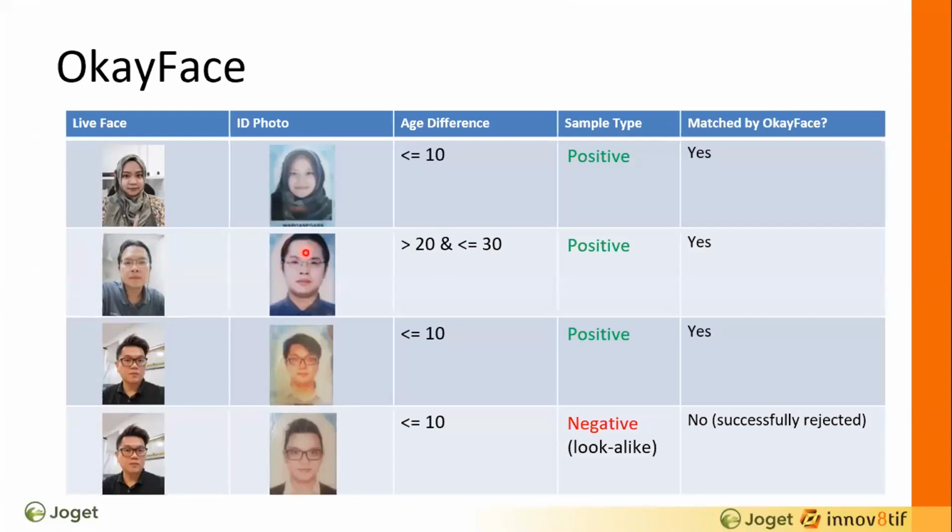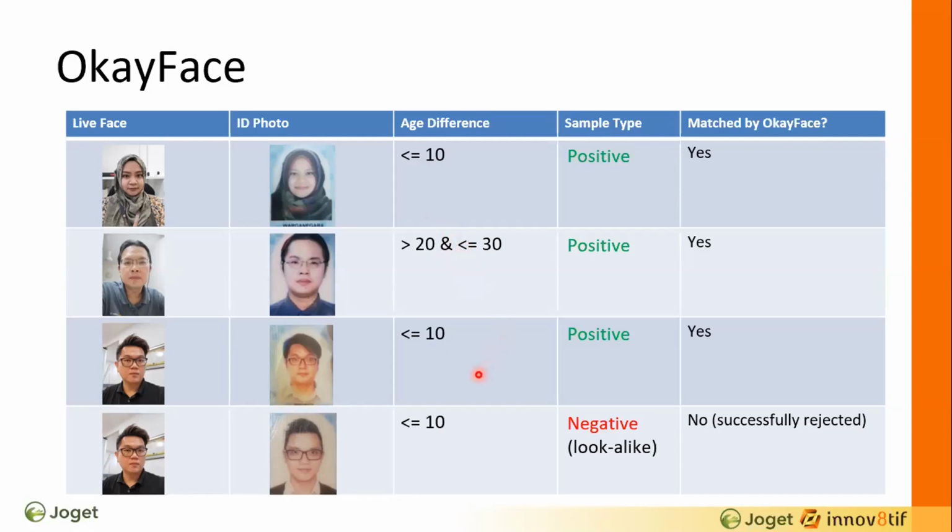So a bit of the cases over here, as you can see, it's very easily done if it's below a 10-year age difference between the photo and the selfie. Even if it's 20 to 30 years, it can detect whether it's the same person or not.